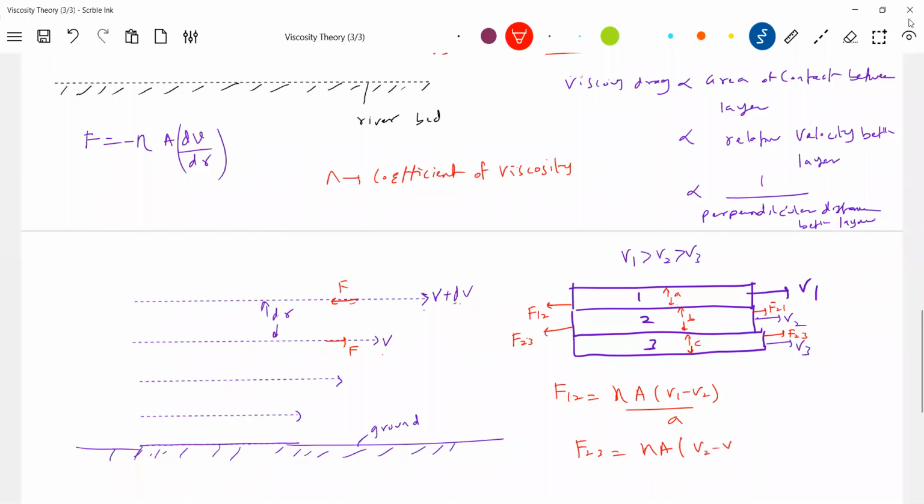It should be V2 minus V3 by the distance between layers. It will act to oppose relative motion. V12 is towards right, so bring F12 opposite to that.